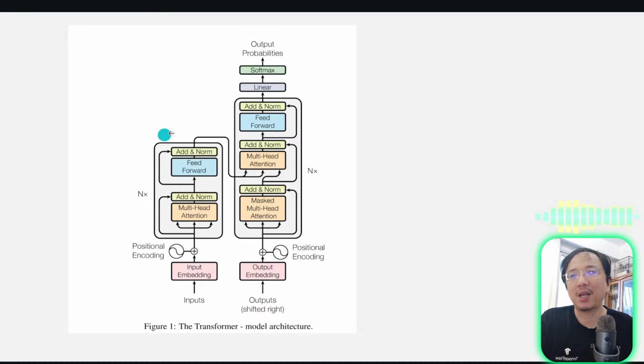do these things, and we pass it through multiple transformer blocks, like multi-head attention, add norm, feed forward, and add norm, that type of thing. And the output of the encoder, we put it as an input of the decoder.